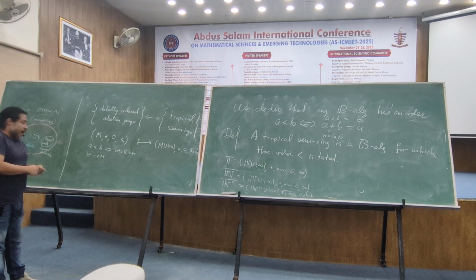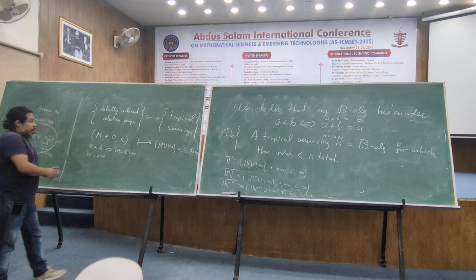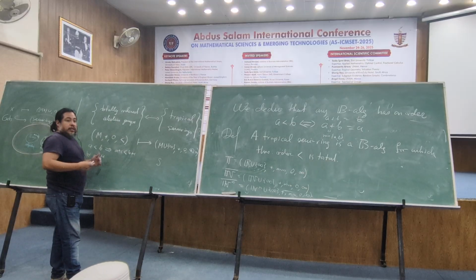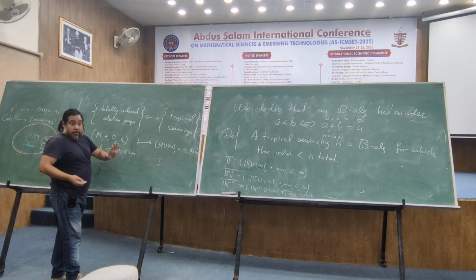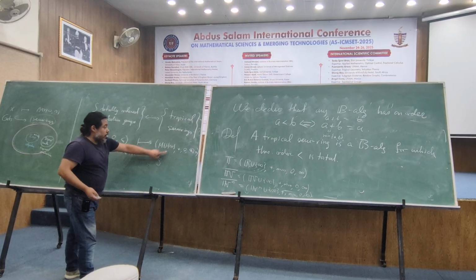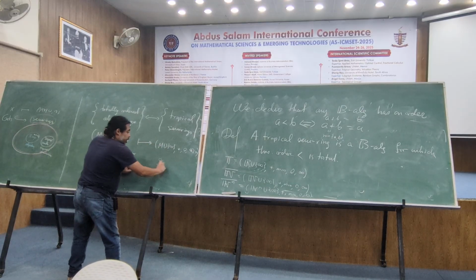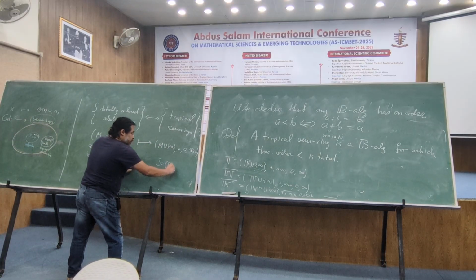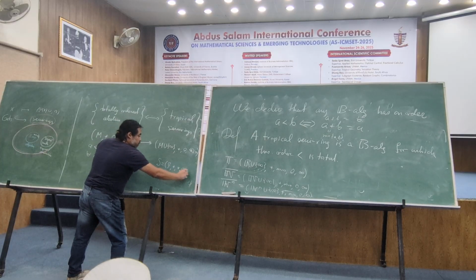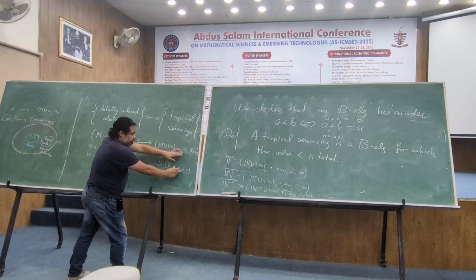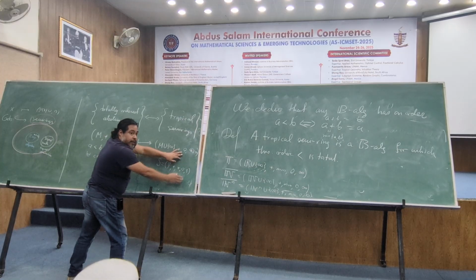And how can I come back? If I have a tropical semi-ring, I just need to take away the 0, because the 0 corresponds to infinity. So these guys are S, plus, times, 0 and 1. The only problem is that I have different signs for the same thing.